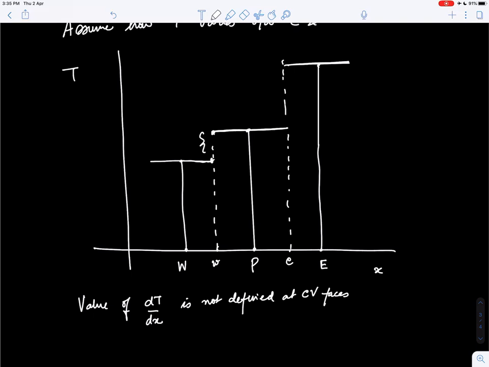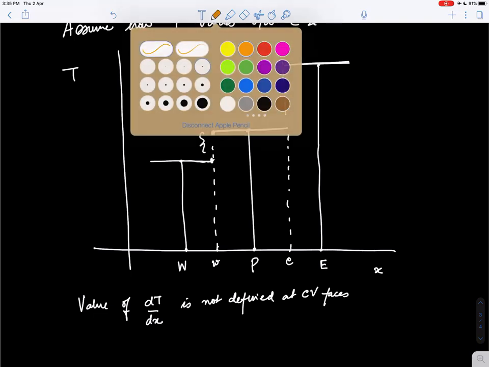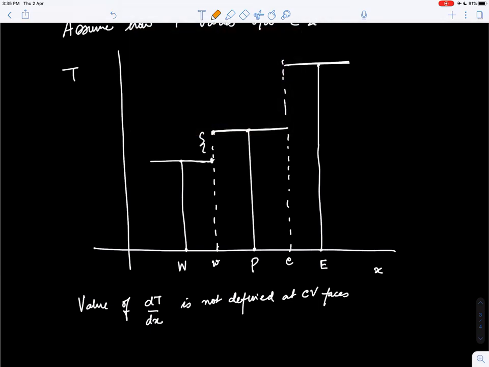The second approximation that we can make, and let me use a different color to do this, is that we could assume some kind of linear interpolation of temperature between each of the grid points.